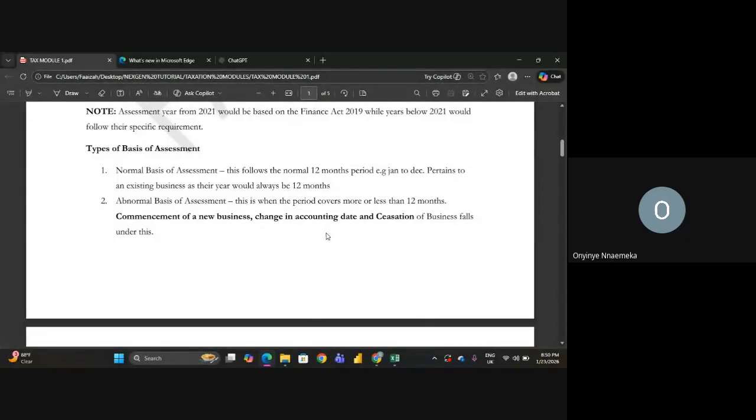Then they have the abnormal basis. It means that the period covered in the statement that we're about to tax is either more or less than 12 months. And the types of businesses that fall under this are what? The commencement of a new business, change in accounting date, and cessation.